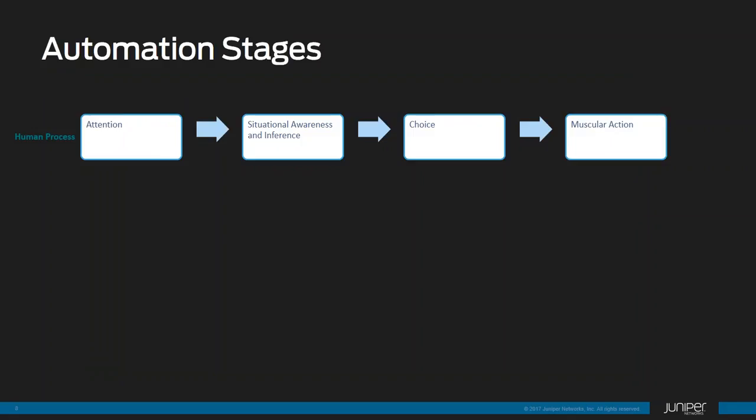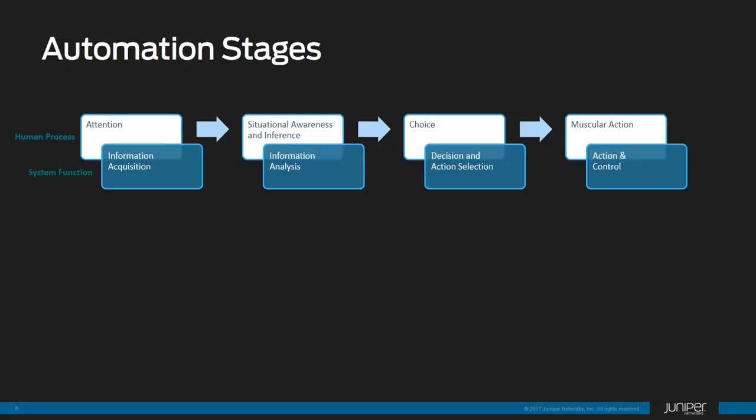We also have automation stages. If we look at how humans process everything, something gets your attention, you make some sort of inference about what's going on. Is it a fight or flight type situation? Things like that. You make a choice, and then you do some sort of muscular action. Well, we can map this into systematic functions that allow us to break down the different things that we want to do within our network.